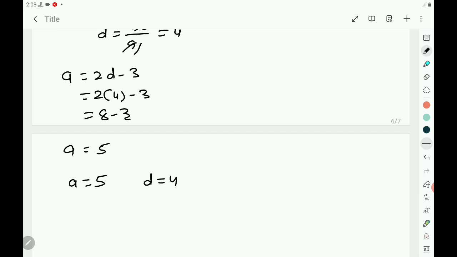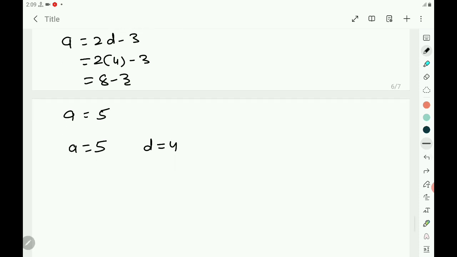We have to write the progression. Got the first term a is 5. We have to write the progression. You write A1 equals a, which is equal to 5.